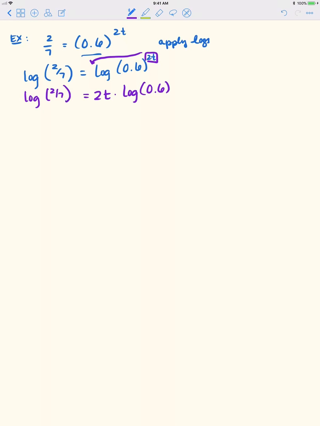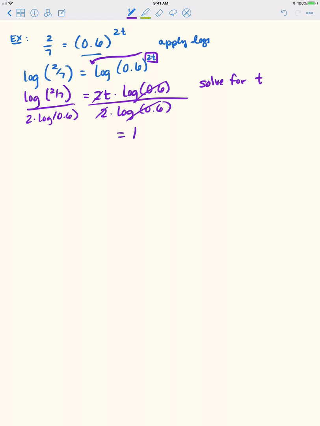Again, please don't round the 2/7 to a decimal, just leave it 2/7 as a fraction. And now I need to solve for t. So there are two things that I have to get rid of, and I can get rid of them at the same time. I need to divide away the 2 and the log of 0.6. If you want to do those in 2 steps, you can, but you can do them all in the same step. Divided by 2 log of 0.6, gets rid of the 2, gets rid of the log.